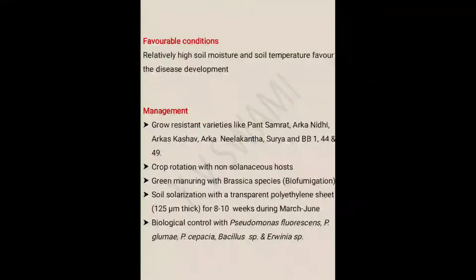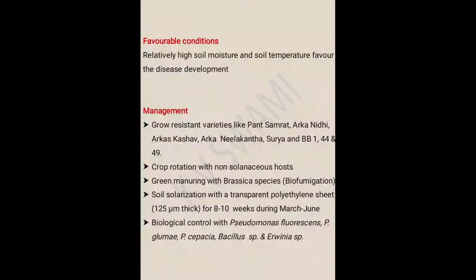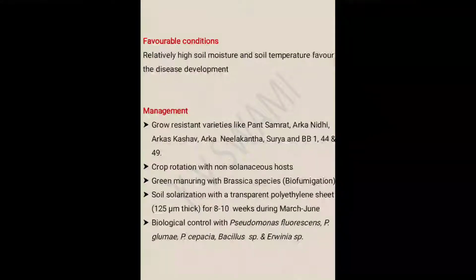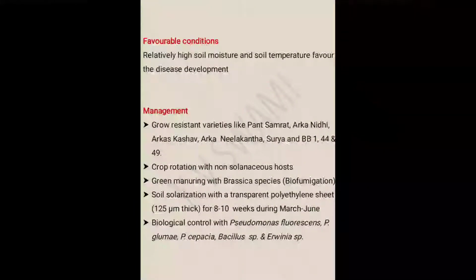That is, avoid monoculture or monocropping pattern. Green manuring with brassica species. Soil solarization with transparent polythene sheet. Next, biological control with Pseudomonas fluorescens, etc.